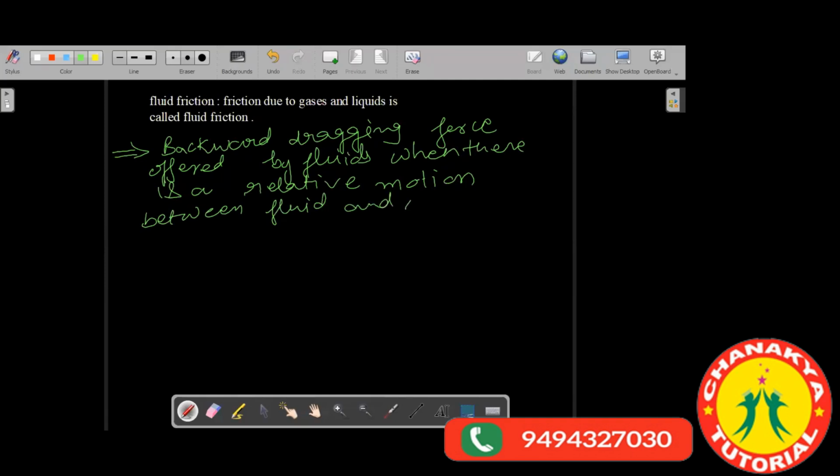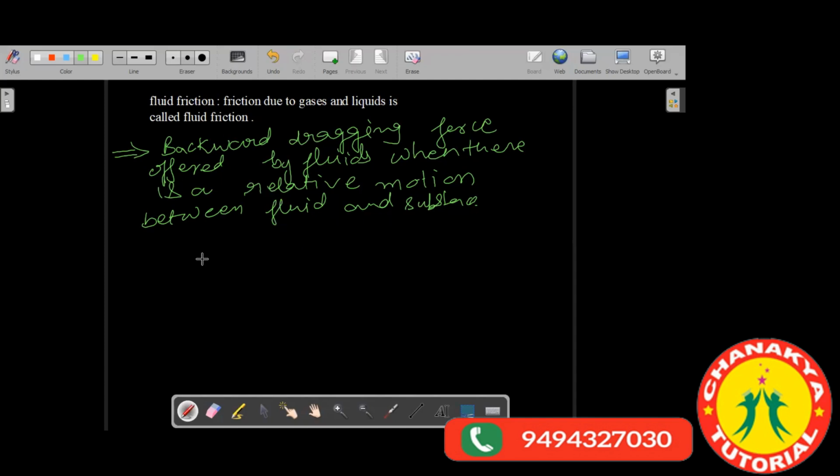Whatever substance is trying to move through the fluid will experience a backward dragging force. So the backward dragging force offered by fluids when there is a relative motion between fluid and substance, that frictional force or backward dragging force is called fluid friction.